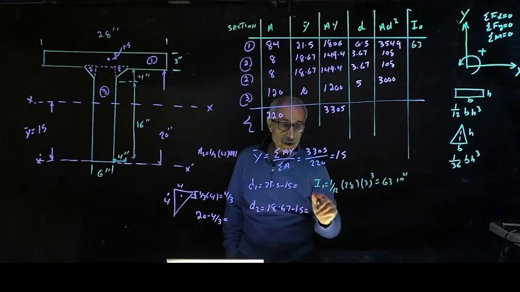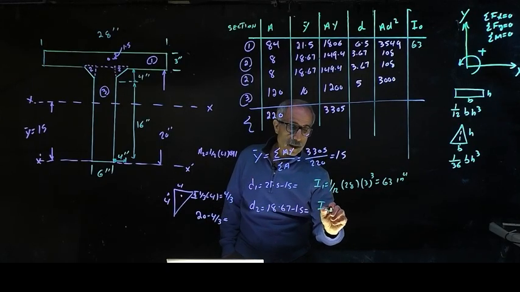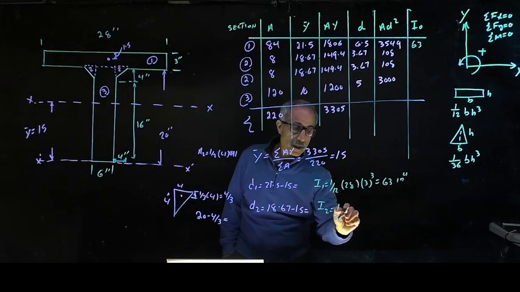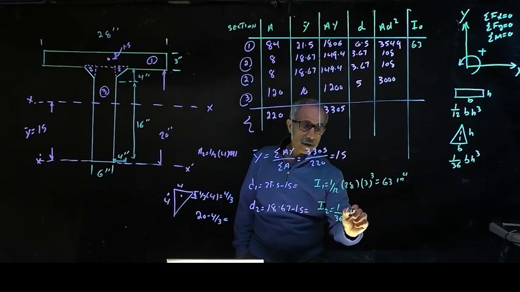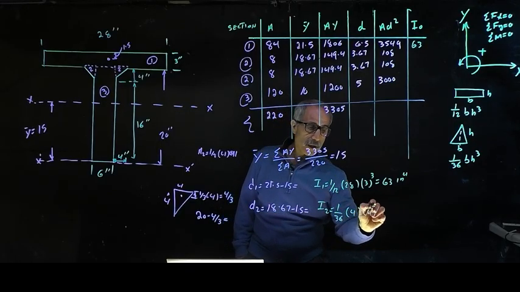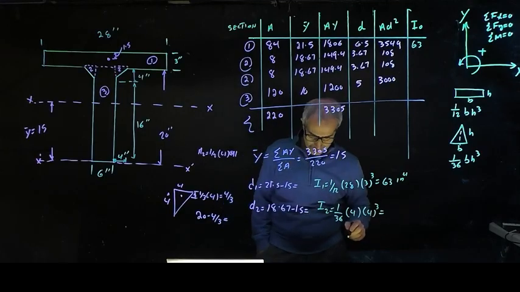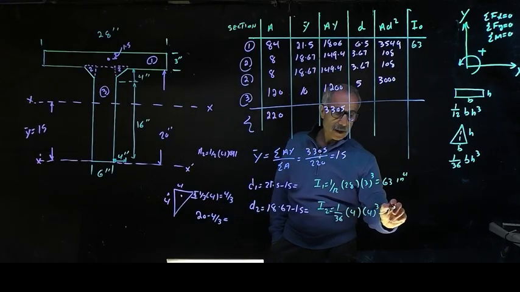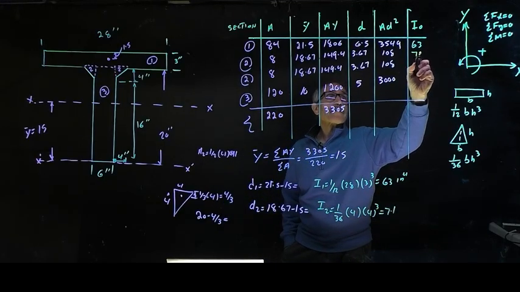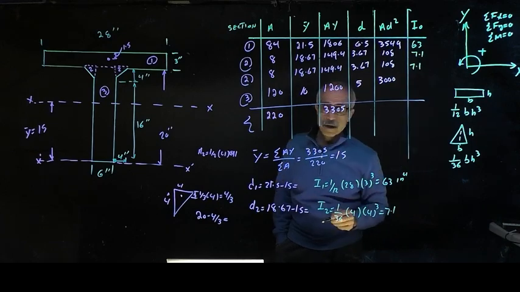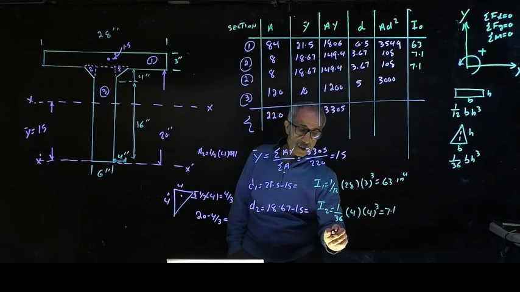And for the triangle, I2 is 1 over 36, b is 4 inch, h is 4 inch to the power 3, and that comes out to 7.1 inch to the power 4. Finally, I got the big one, which is I3.